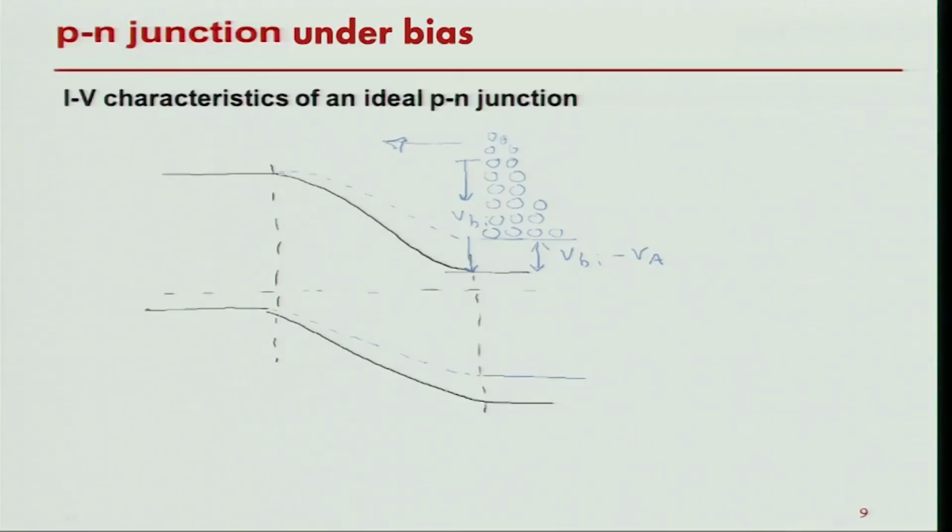So, there will be an increased diffusion current for electrons in the forward bias from the n to the p type, because earlier they were getting reflected back from the built-in potential, but now that the built-in potential is reduced by the applied forward bias, there will be an effective increased current. Similarly, there will be a change in the current for the holes, because now there will be more holes which can diffuse from the p to the n type.